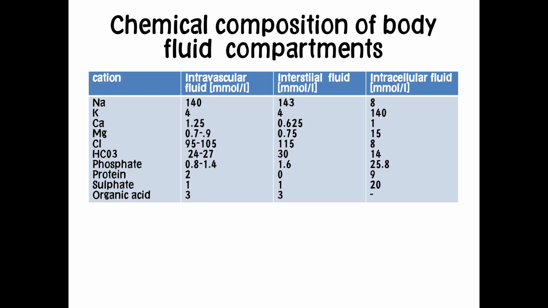And the extravascular compartment is further divided into the intracellular and interstitial space, as we had discussed in the slides that we just finished. But it is important to note that the intracellular compartment always has a higher concentration of potassium, while the interstitial or extracellular fluid always has a higher concentration of sodium.